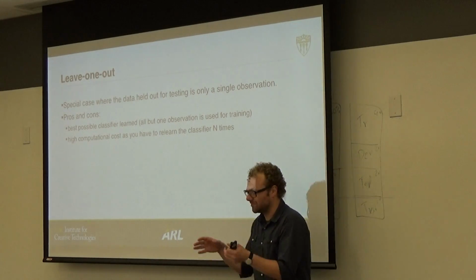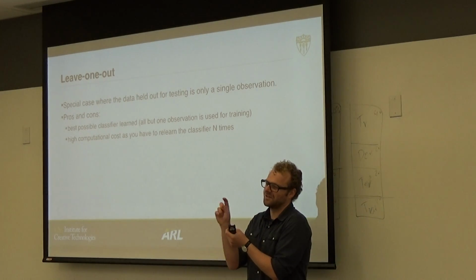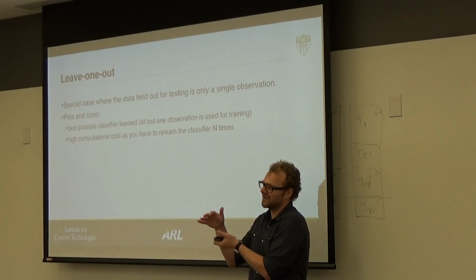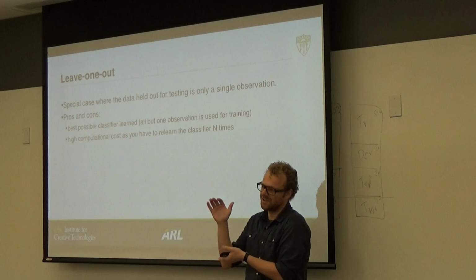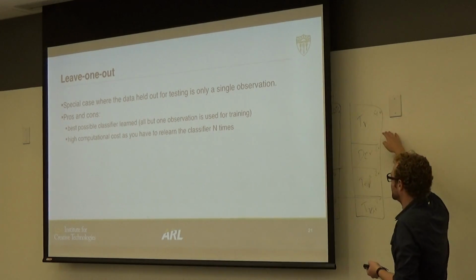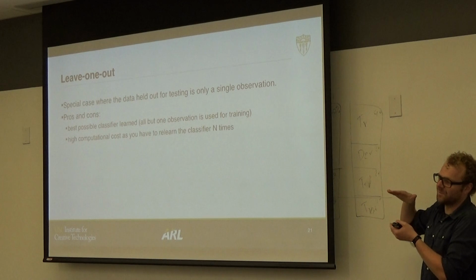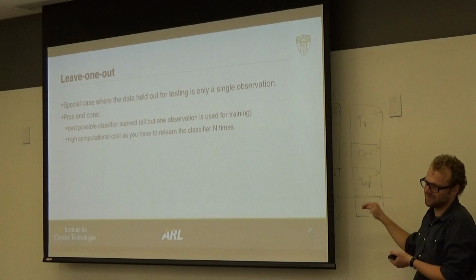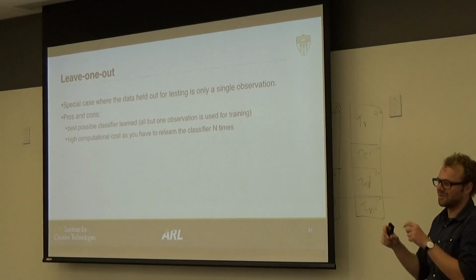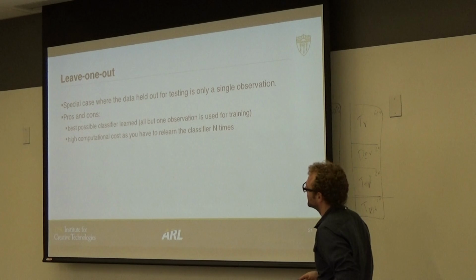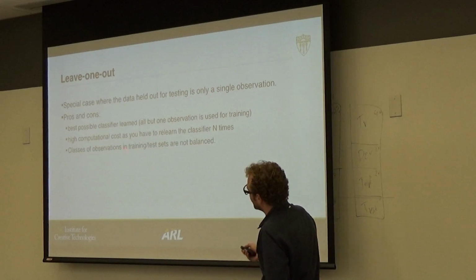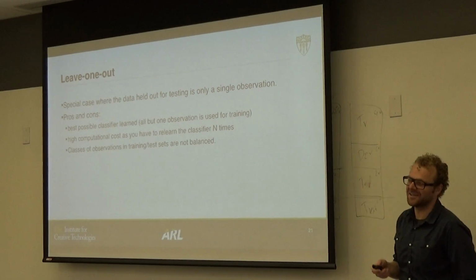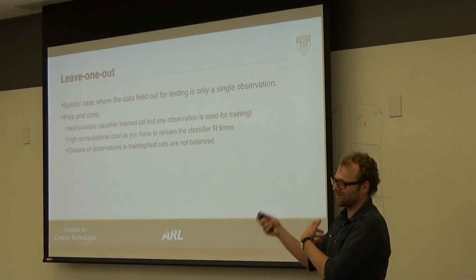So you want to leave out just a little bit of the data for validation and testing, and use most of your data for training. That means your split becomes very skewed towards the training set, but you should still have a dev and a test set, even if they're tiny. This can get very costly if you have a lot of data. If you have 1,000 people, you don't want to run 1,000 times.